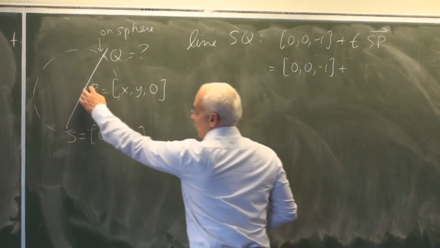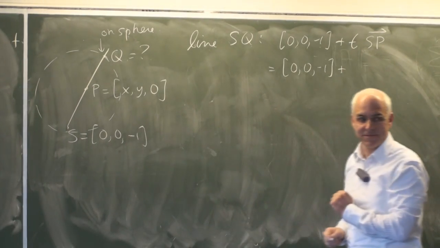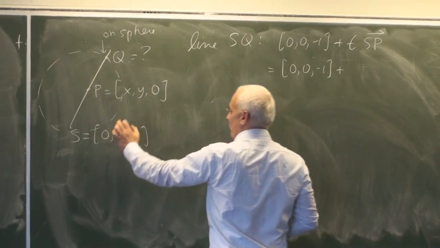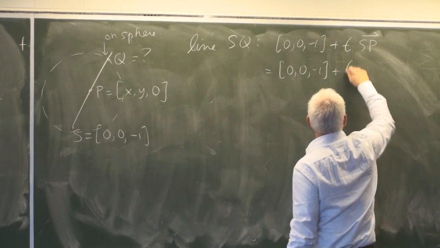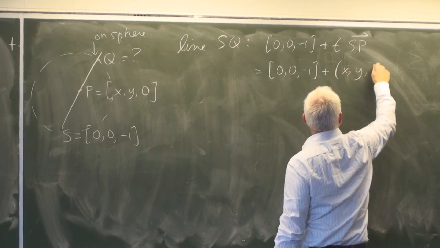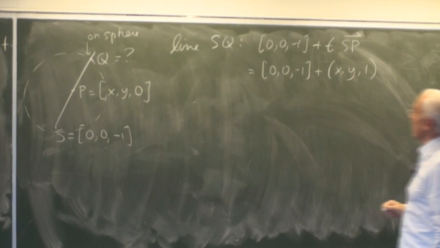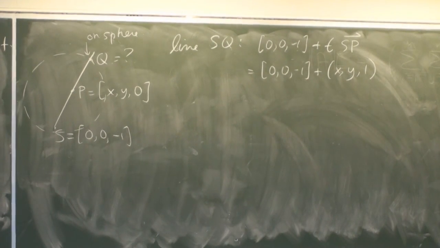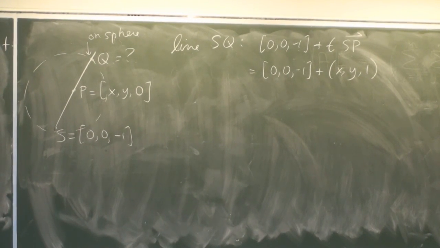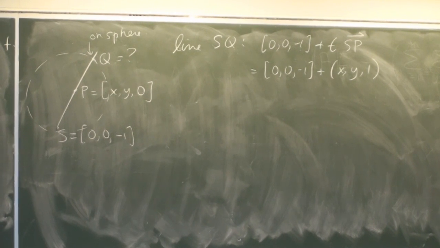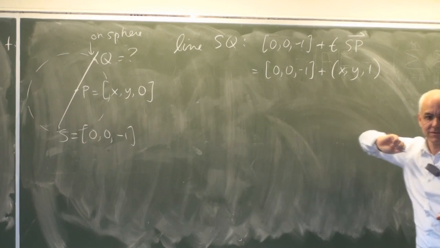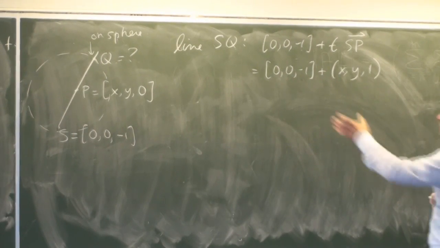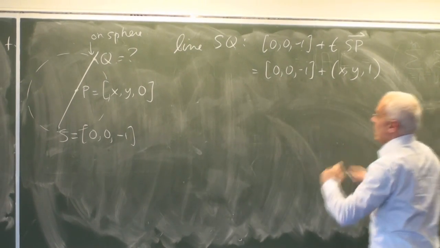Just the difference between these two coordinates. So we take x, y, 0 and subtract this one here. So that's the vector (x, y, 1). And I write my vectors with round brackets to let you know that that's a vector while this is a point.